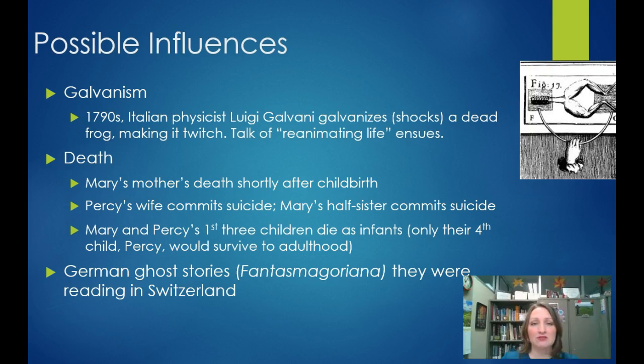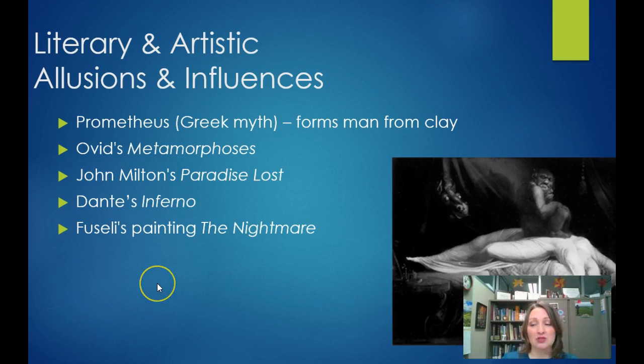And then, as I had referenced, the fact that she and her two writer friends, Lord Byron and Mr. Percy, were interested in writing these Germanic ghost stories that they were reading when they were staying in Switzerland and the weather was cold and gloomy and windy. So some other literary and artistic allusions and influence. I have a picture of Fuseli's painting The Nightmare.